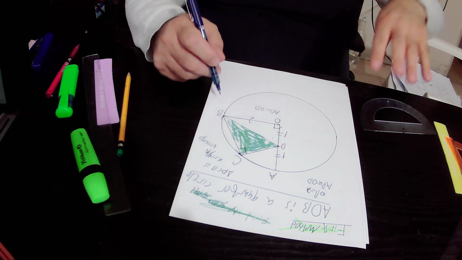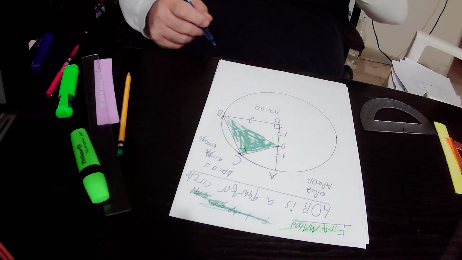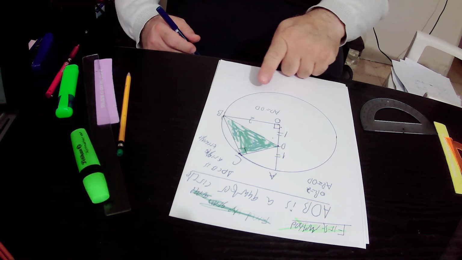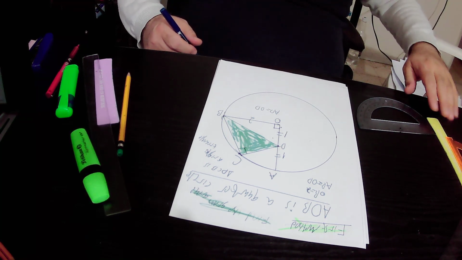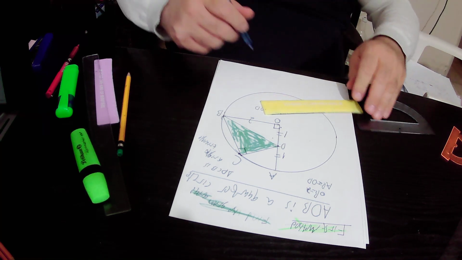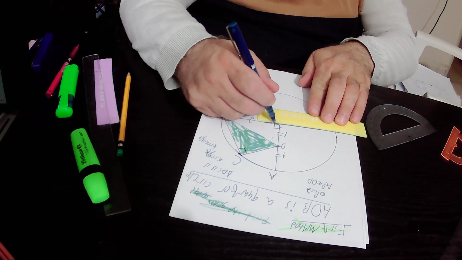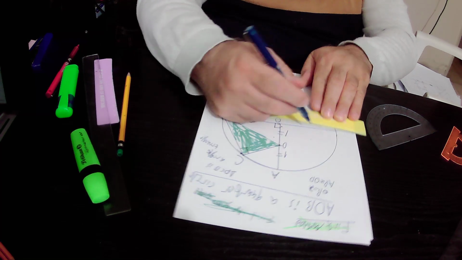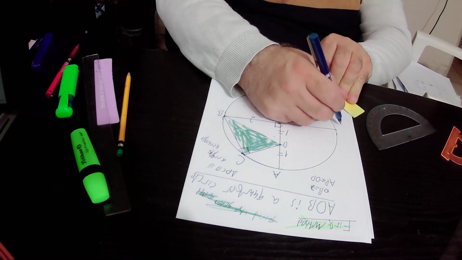So after we completed the quarter circle to a circle, we'll extend the radius BO by a straight line until it touches the circle. We'll define the touching point of the extended BO and the circle as point P.